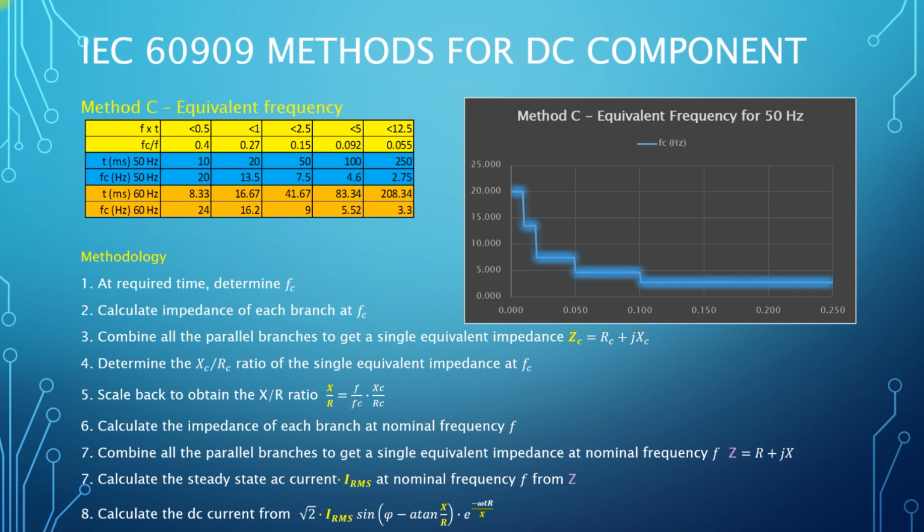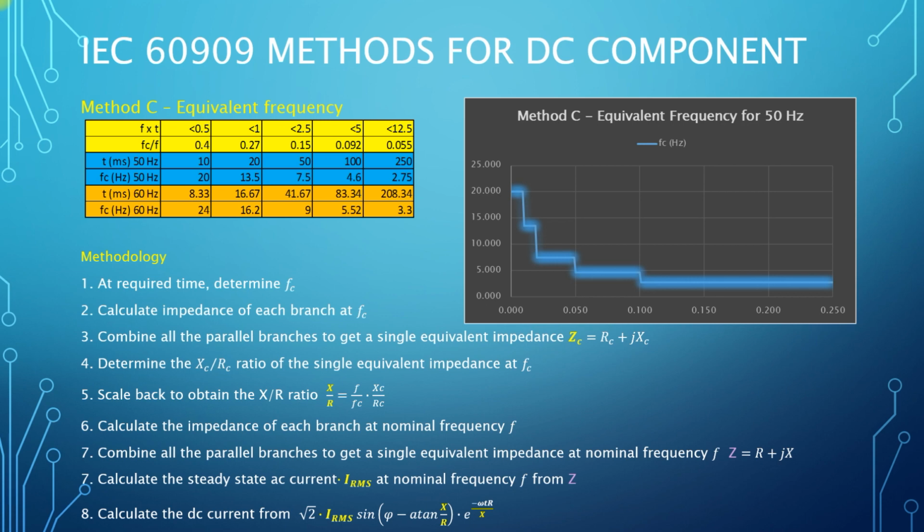So this tells us how the equivalent frequency changes with time. So for a 50 Hertz system, we've now carried out step 1 of the IEC 60909 methodology.